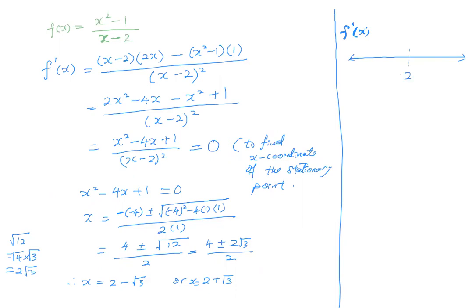And here is my 2 minus root 3, which is approximately 0.2 something. And here is your 2 plus root 3, which is approximately 3 point something. So now, if you want to determine the sign, you can use your graphic calculator to help you do that. Now I'm going to teach you how to use your graphic calculator to do that.